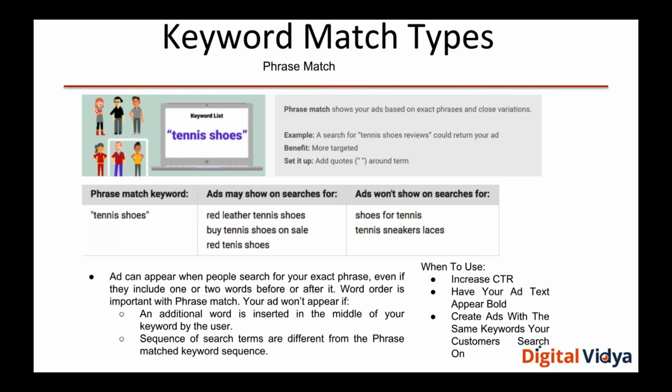You are putting that in the phrase match option. So if you want a higher CTR or greater relevance and your quality score to improve, phrase match is a good option. At the same time, it allows a limited amount of flexibility, because people can use words before or after it. Any prefix or suffix is fine as long as the sequencing is correct.